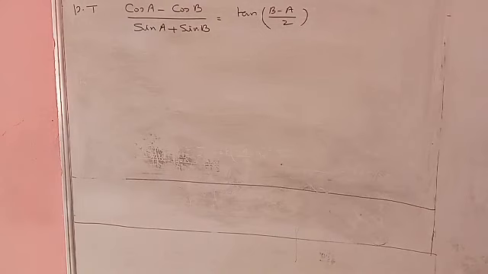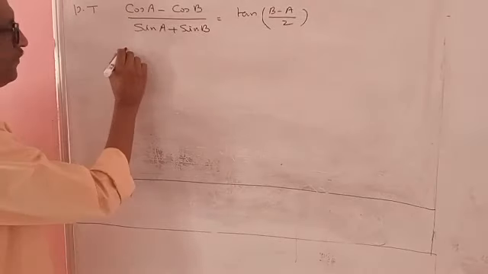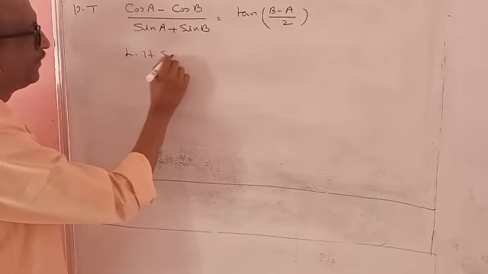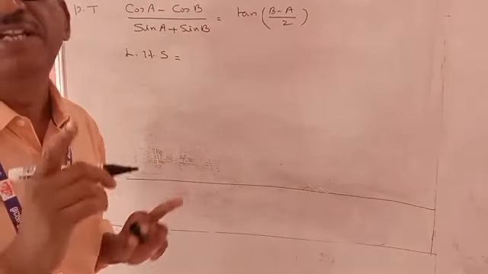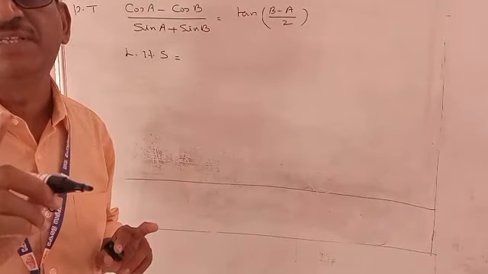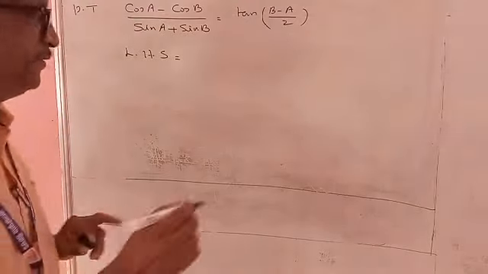Next problem, prove that (cos a minus cos b) by (sin a plus sin b) is equal to tan (b minus a)/2. Take the left hand side. This is equal to cos c minus cos d. Cos c minus cos d is minus 2 sin (c plus d)/2 into sin (c minus d)/2.